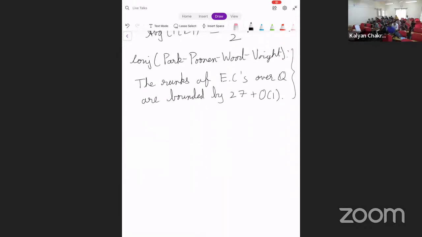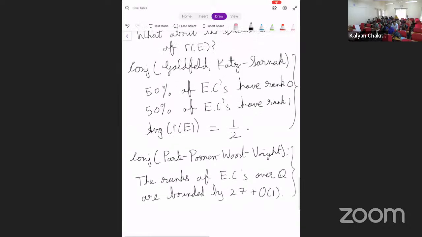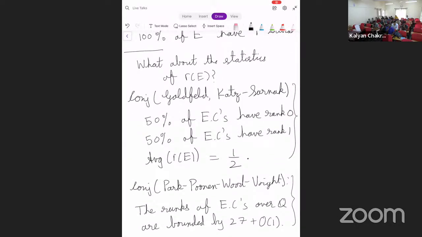Sir, excuse me. In the first conjecture of Goldfeld and Katz-Sarnak, how is the third statement different from the first and second? This is an excellent question. A priori, it is possible that the 0% of elliptic curves that have rank greater than or equal to 2 are still infinite in number. So the problem is that for that 0%, the ranks could just become absolutely unmanageable.